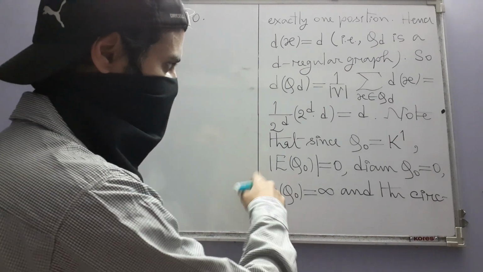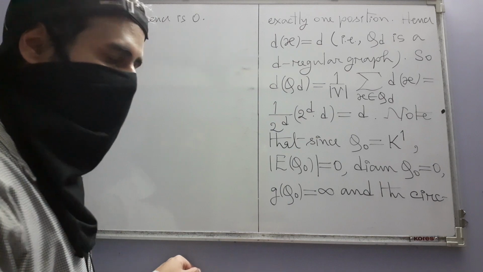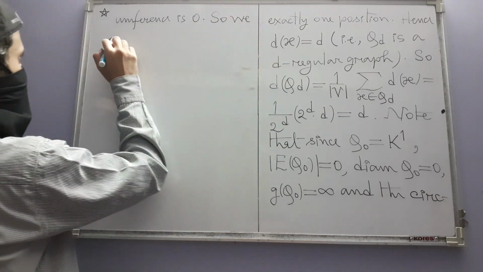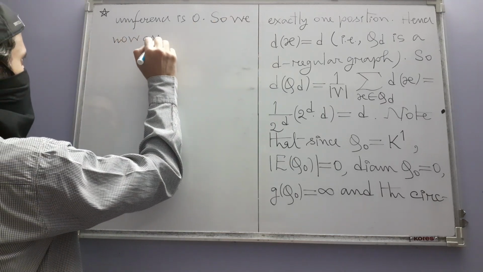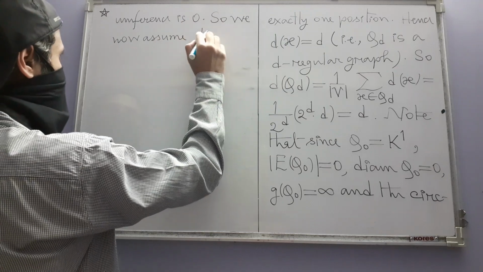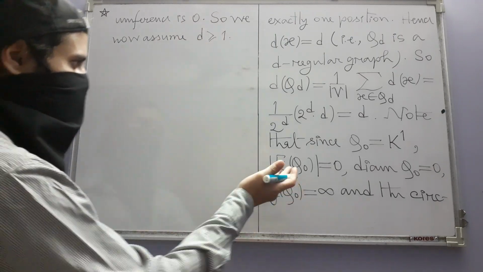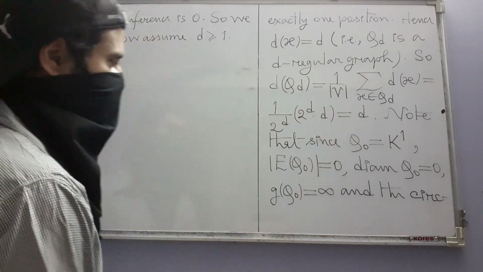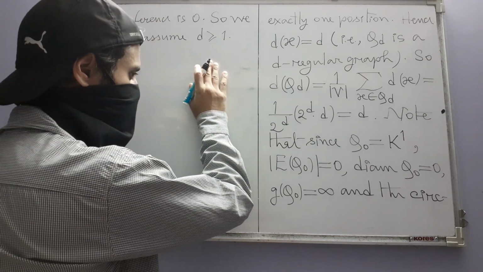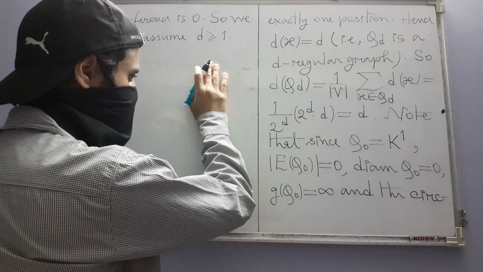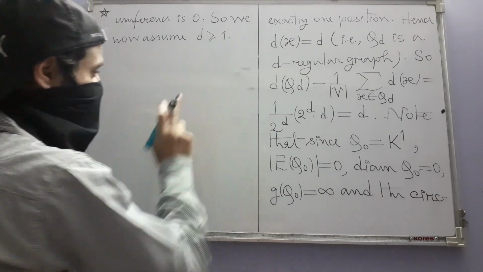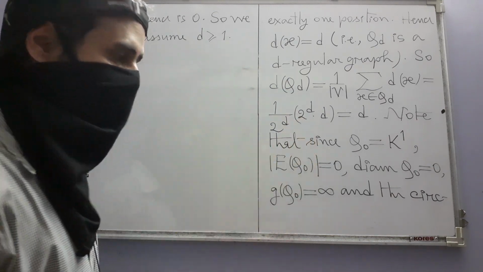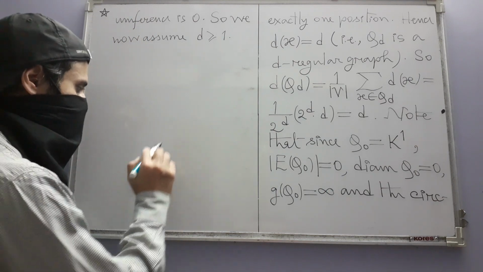So now that we have found all the things for d equal to 0, we can assume that d is at least 1. So we now assume that d is at least 1. We could have done this before finding the average degree, but anyway, if you think of the average degree of Q0, what do you get?